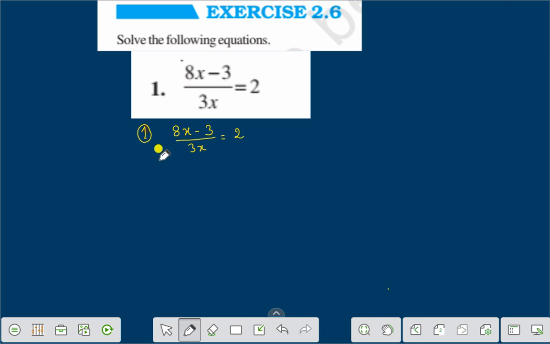On multiplying 3x on both sides we get (8x minus 3) by 3x into 3x is equal to 2 into 3x.